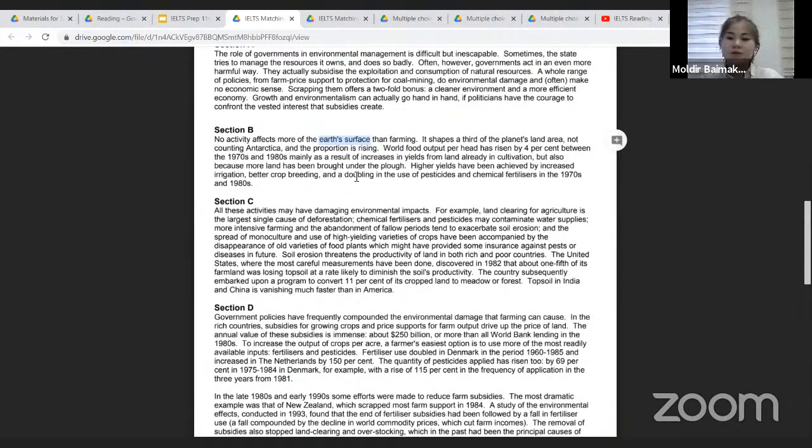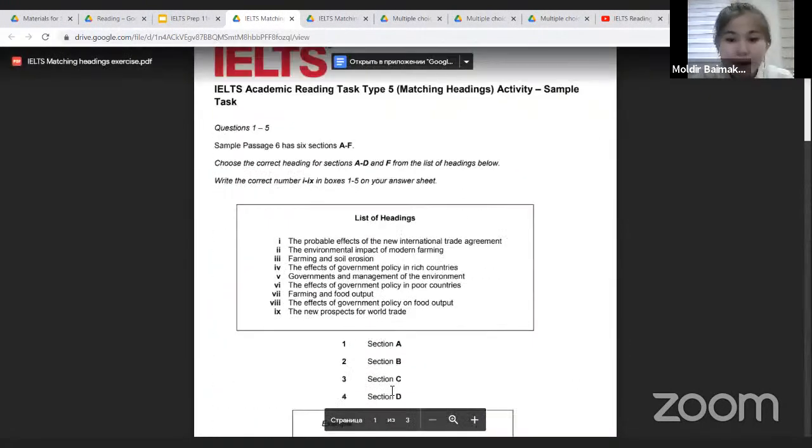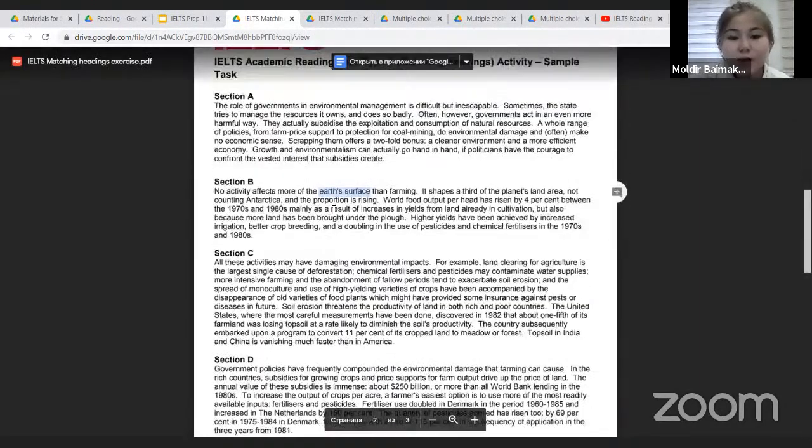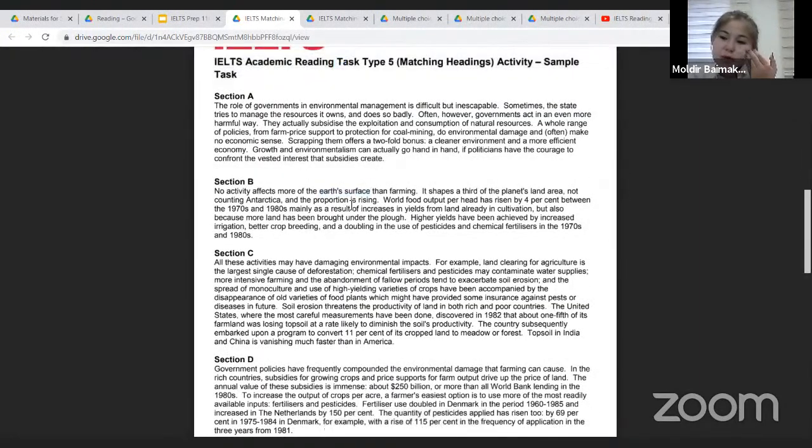Yeah, so I understand why you said environmental impact of modern farming. But look, yes, of course. Here the problem is with identification of the main idea. Because here it says Earth surface, planet's land area, and also cultivation.